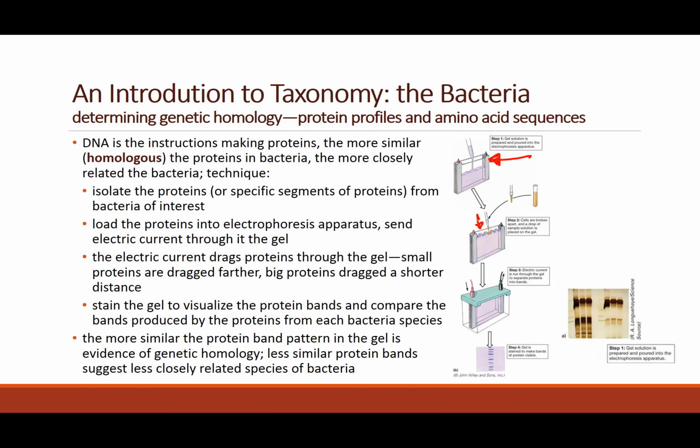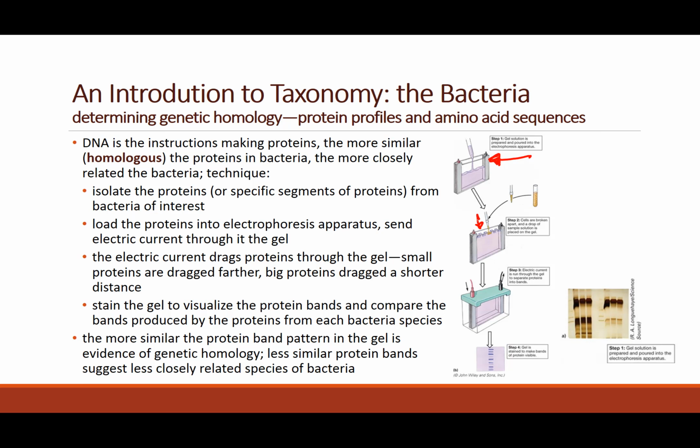And remember, if the bacteria are similar to each other, then you're going to see similar lengths of proteins, and if they are very different genetically, you would expect to see chunks of proteins of different sets of lengths. Then you use an electric current to drag those proteins through the gel. The smaller the protein is, the easier it can dodge amongst all the gel molecules, and it travels really quickly.